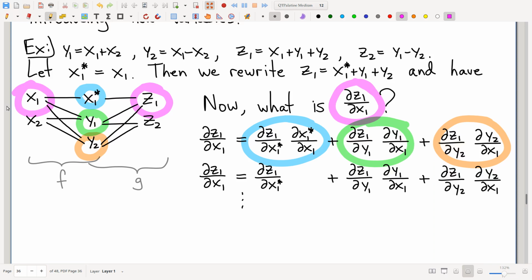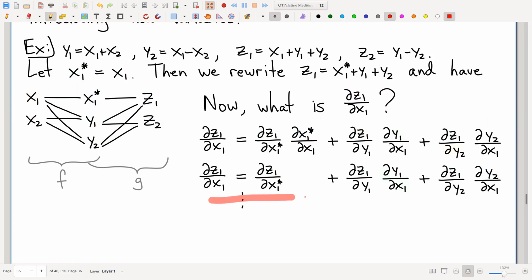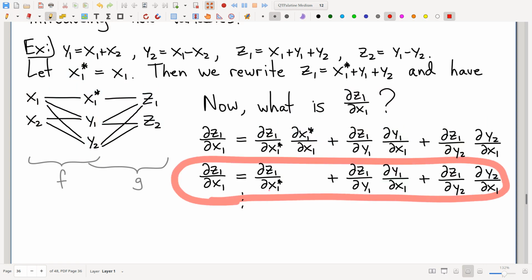And off you go. One convenient little lucky break is that the partial of x1 star with respect to x1 is the world's easiest partial derivative. It's just 1, because that's the formula for x1 star. It's literally x1. And lo and behold, now I've got my new chain rule that totally makes sense.